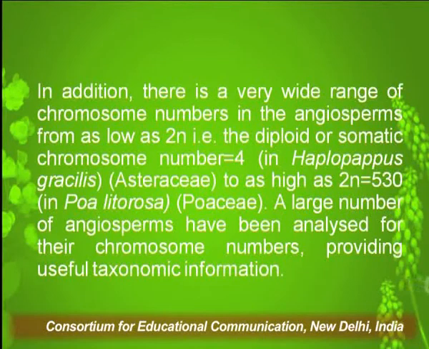In addition, I will give you some examples. There is a wide range of chromosome numbers in the angiosperms, from as low as 2n, that is the diploid or somatic chromosome number equivalent to 4 in Haplopappus gracilis, which belongs to family Asteraceae, to as high as 2n equivalent to 530 in Poa litorosa, which belongs to family Poaceae.